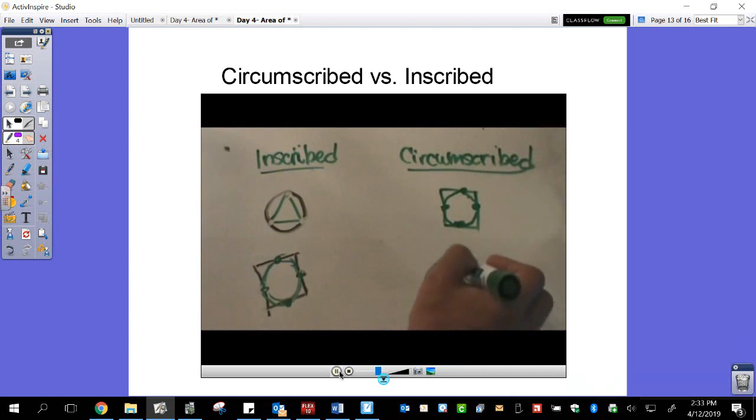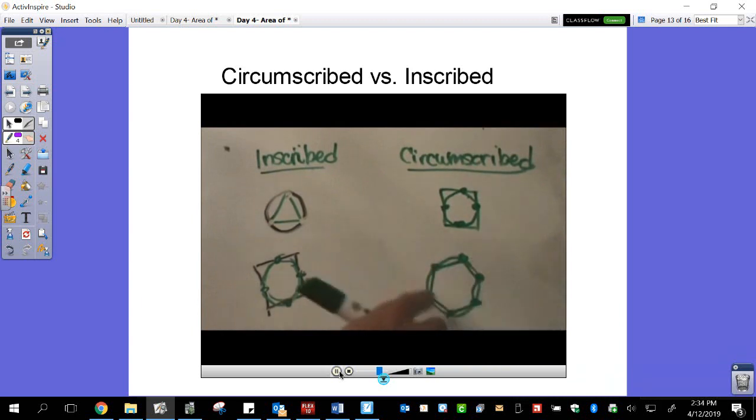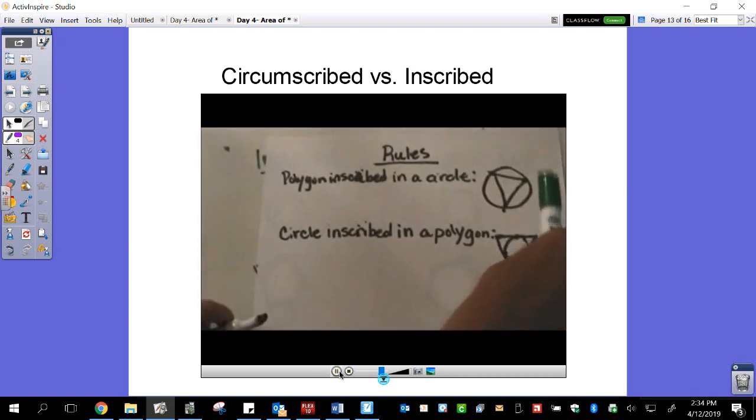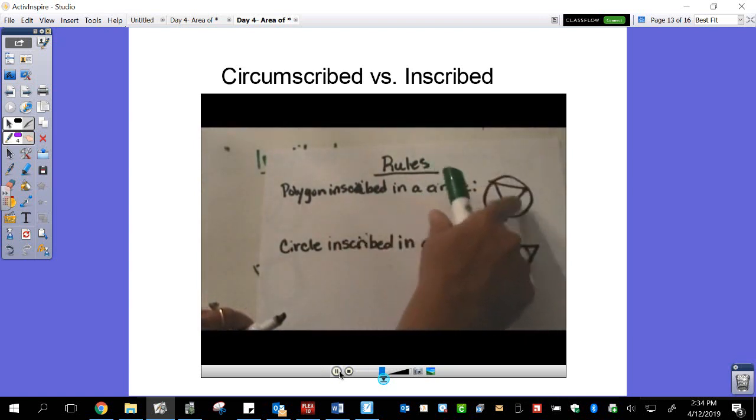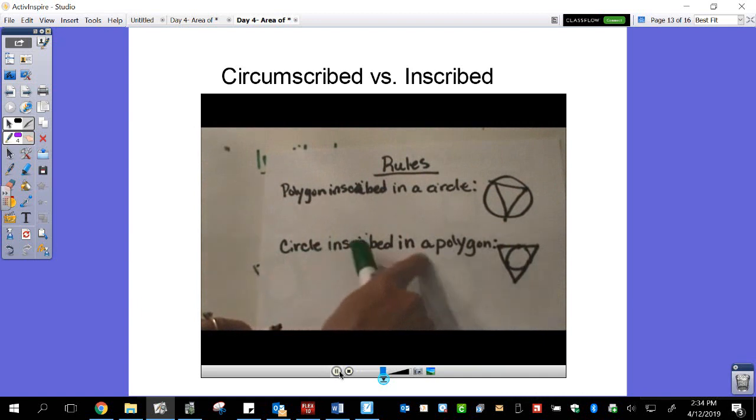It can be any size polygon. In this case, I've got a hexagon inside it. So I would say the circle is circumscribed about the polygon. So that's the difference between inscribed and circumscribed. A polygon that is inscribed in a circle means the polygon is inside. A circle that's inscribed in a polygon is on the inside.